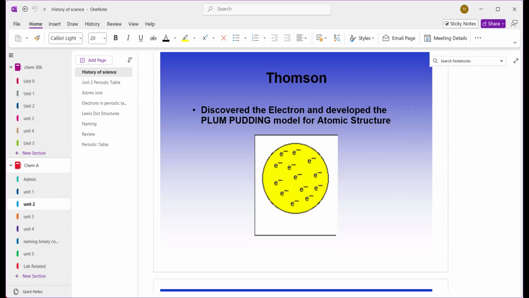One is called corpuscles, renamed to be electrons. And the other thing was the exact opposite charge from corpuscles, which are positive. So Thomson's responsible for the plum pudding model and electrons. That's all you need to know about Thomson.